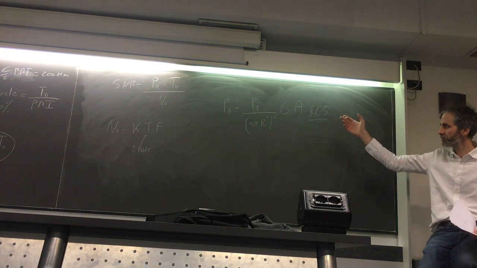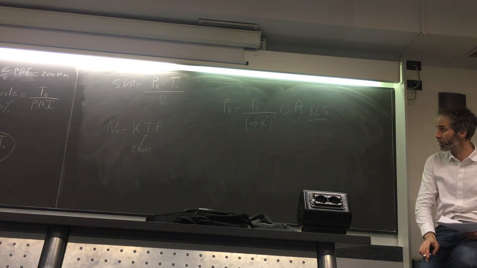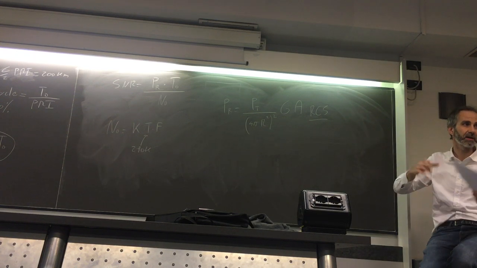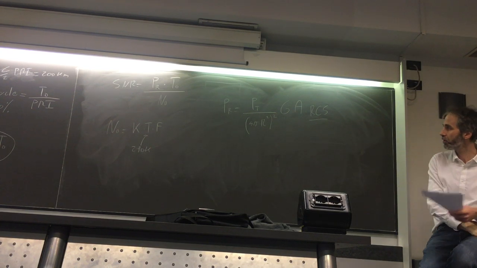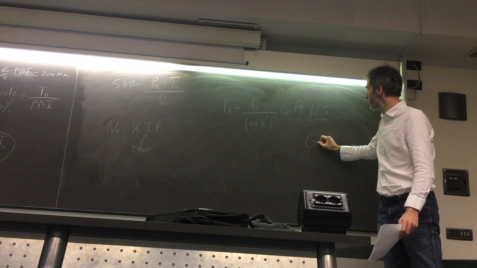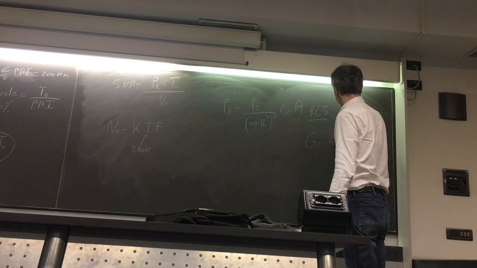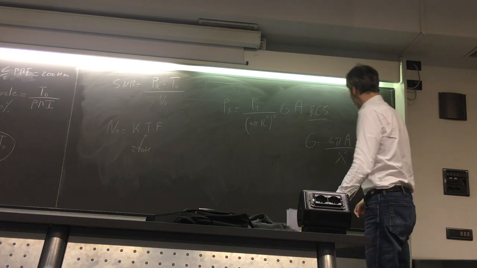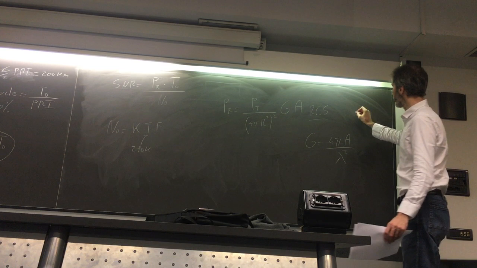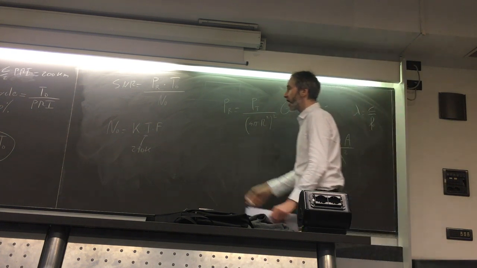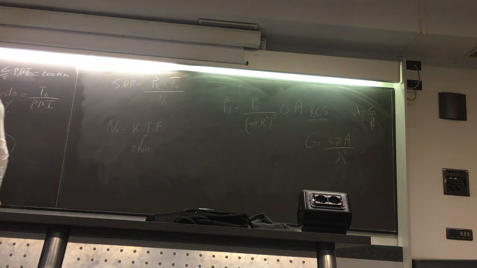Then, of course, if you want a better solution, you should also consider the diagram of your antenna. So we have the area of this antenna. The gain is nothing less than 4 pi times the area divided by the wavelength squared, and the wavelength is the ratio between the speed of light and the frequency you are working at.